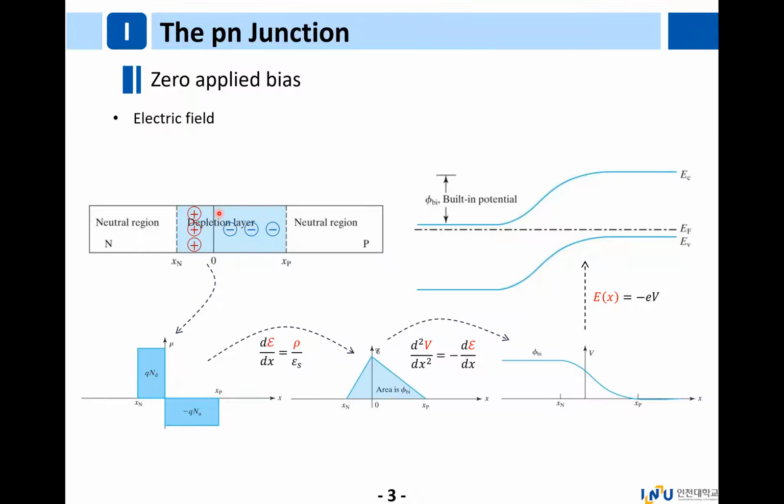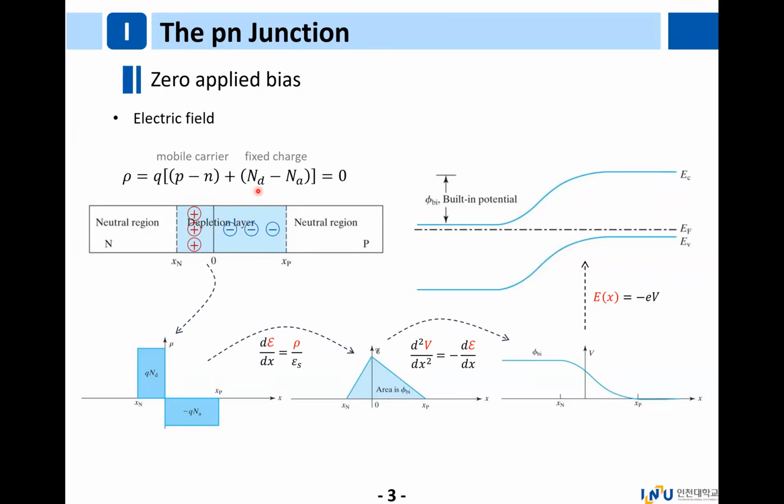So when calculating the charge density, it is necessary to sum the concentration of mobile carriers and the charge created by fixed charges.